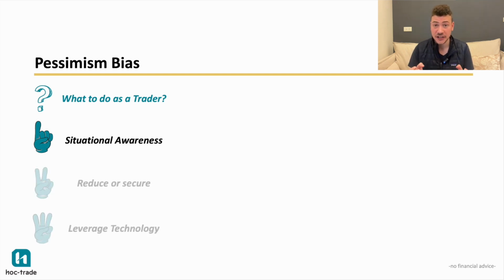First, situational awareness. If you have watched videos on other trading biases from us, you probably know already that this is the very first step in handling the impact of a trading bias on our performance. Trading biases are, by their nature, unconscious and therefore go for a long time completely undetected.